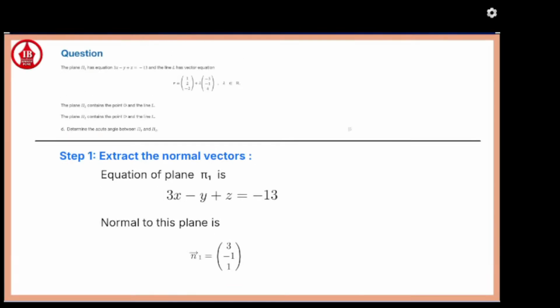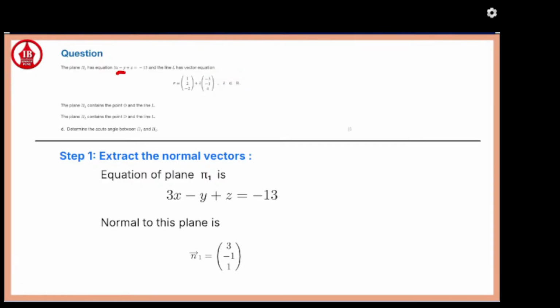So this is the question. If you remember, we will continue the same question which was from the past paper. The plane pi 1 has the equation 3x minus y plus z is equal to minus 11, and the line L has the vector equation r is equal to (1, 2, -2) plus lambda times (-3, -1, 4), where lambda is a real number.